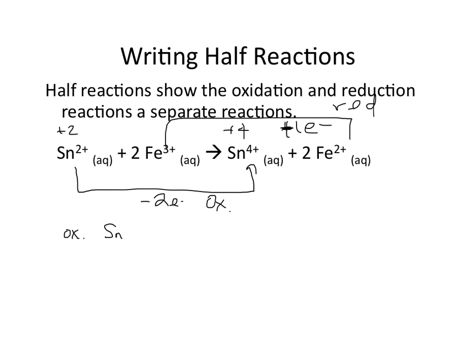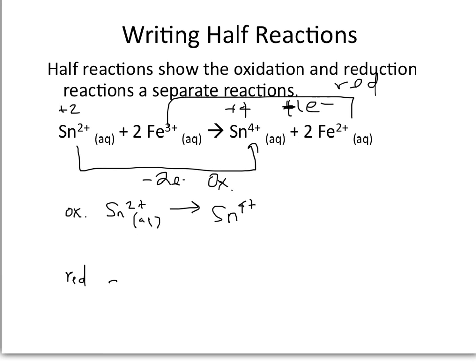So basically Sn2+ is going to go to Sn4+. Okay. And when we look at our reduction step, we're going from Fe3+. Okay, so we have our oxidation and our reduction step.